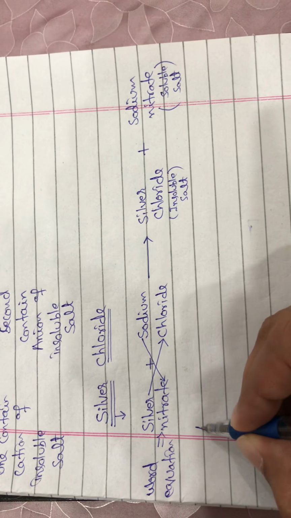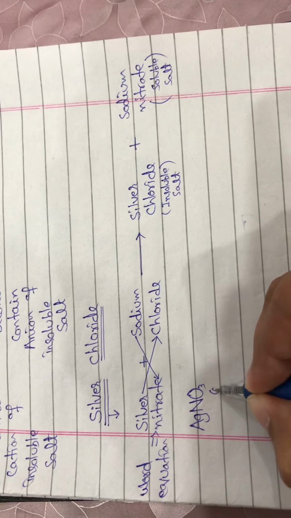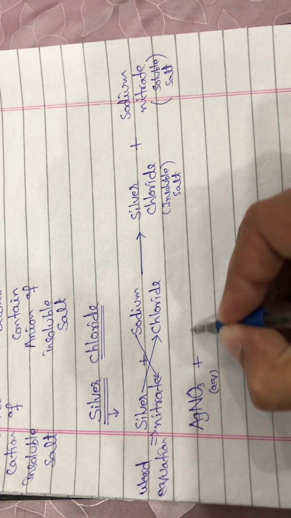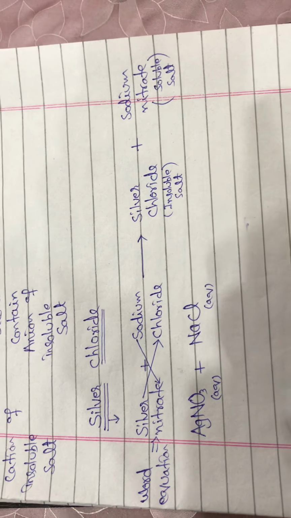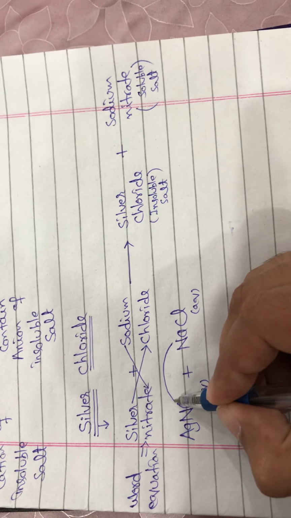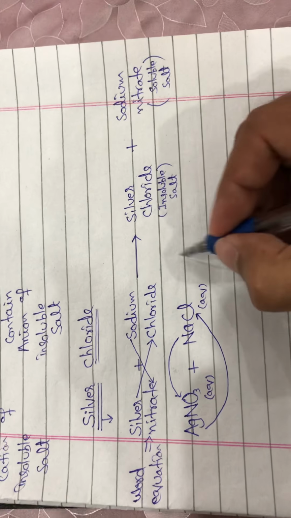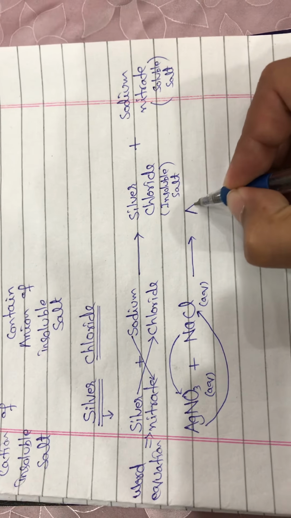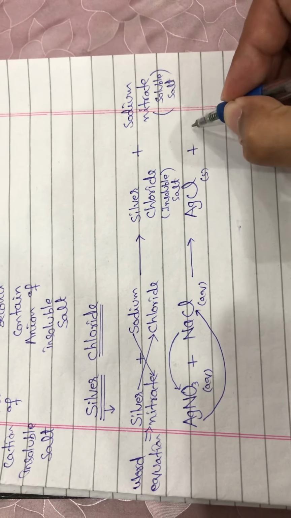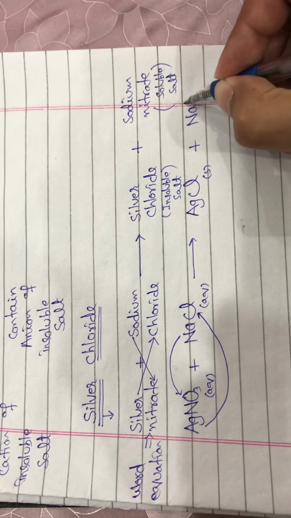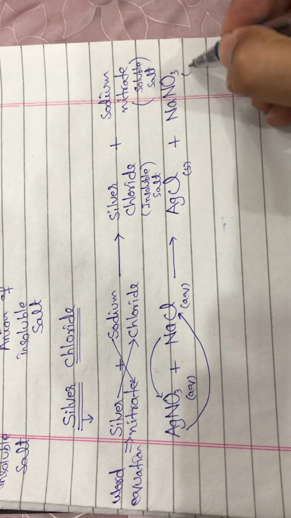The silver nitrate formula is AgNO3 aqueous and sodium chloride is NaCl aqueous. Now the sodium ion will combine with nitrate and silver will combine with the chloride ion to produce silver chloride, AgCl solid, plus sodium nitrate, NaNO3 aqueous.